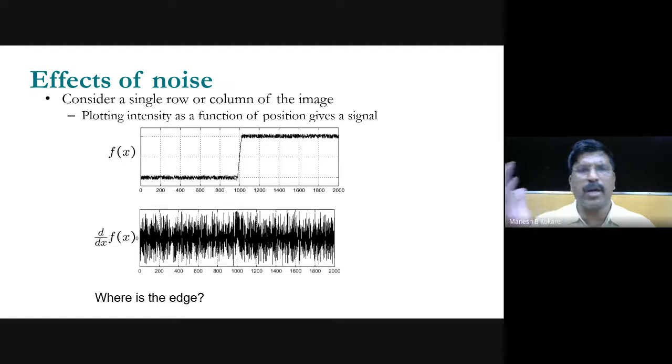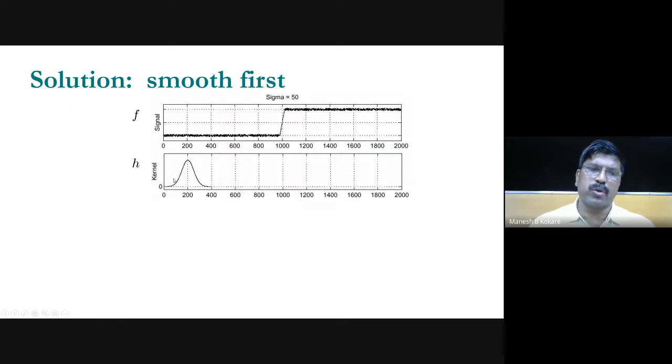So you have to remove that high spatial frequency component, and then you will get a smooth image, or an image with good quality edge detection. So first we have to smooth the image, and for that we use a low-pass filter. A Gaussian filter is a low-pass filter.